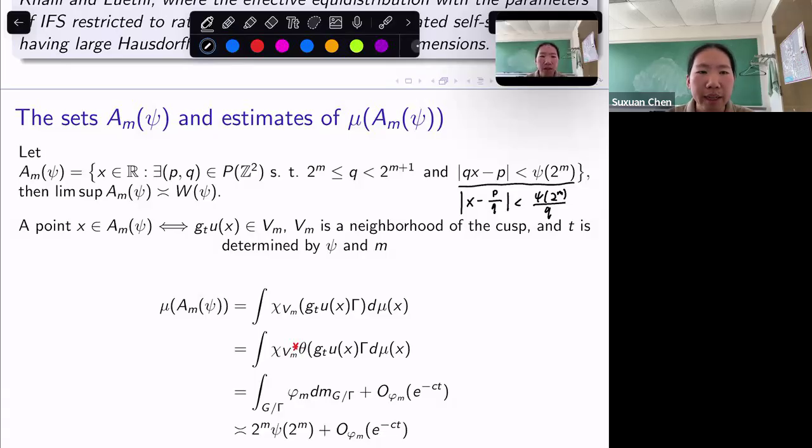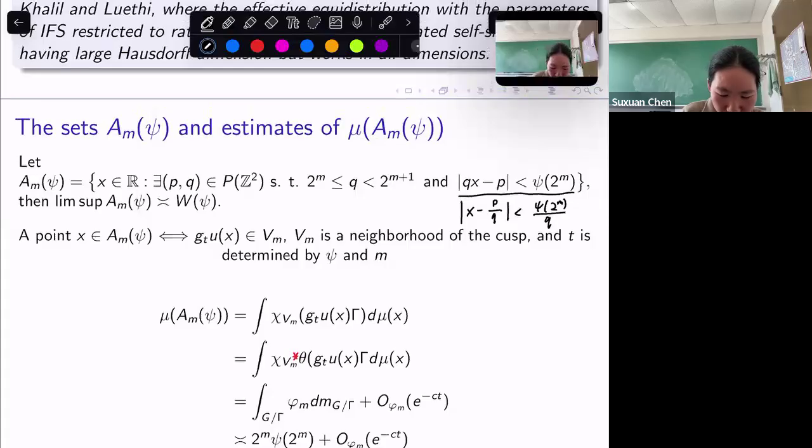So A_m(psi) is indeed the union of many intervals centered at a rational number p/q with denominator between 2^m and 2^(m+1), and the diameter is 2 times psi(2^m)/q. And this A_m(psi) can be used to approximate W(psi). Indeed, in this case, limsup A_m(psi) contains W(psi) by a very easy argument.